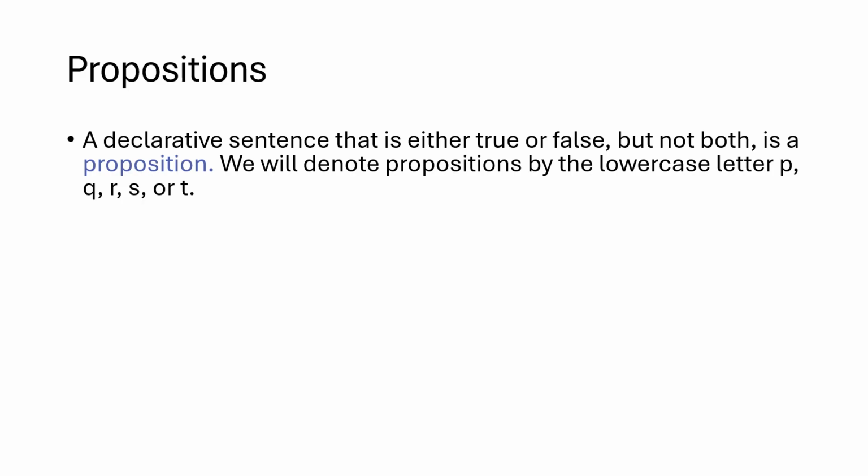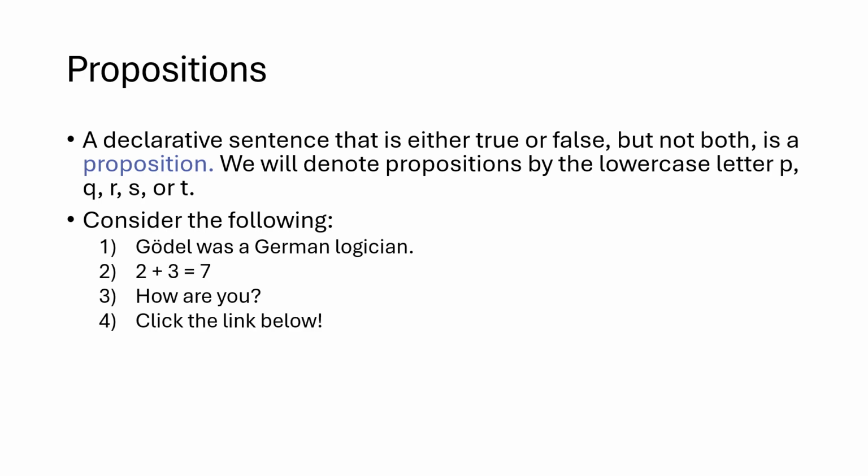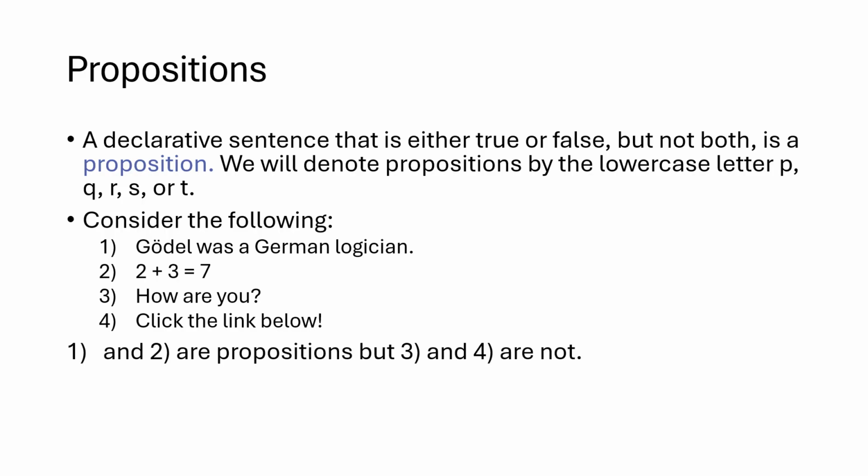To give you a clear idea of what we mean by this, let's take a look at these four sentences. I want you to pause the video here and use the definition to figure out which of these sentences are propositions and which are not. If you think about it, the first two sentences are propositions, because they're declarative sentences and they're either true or false.